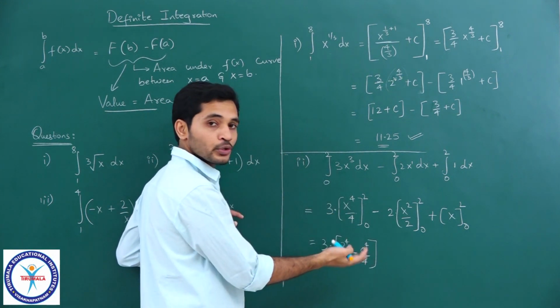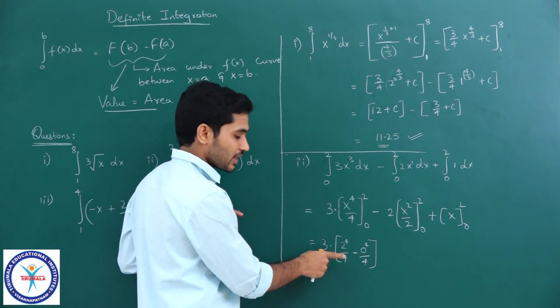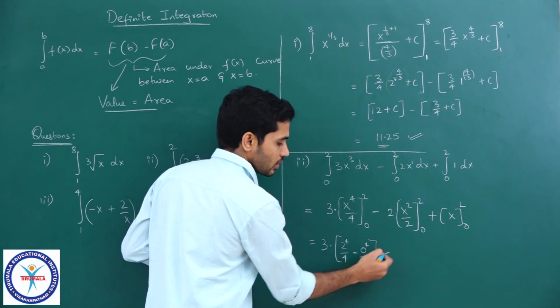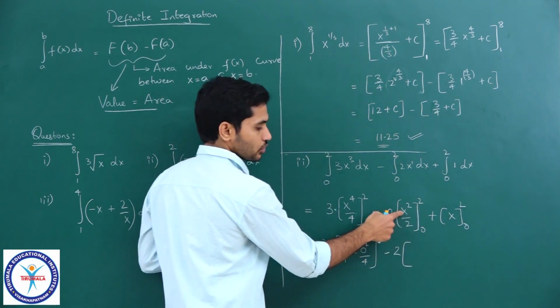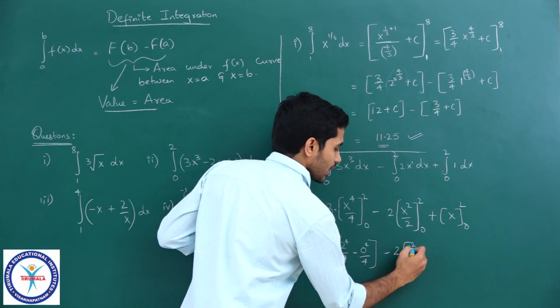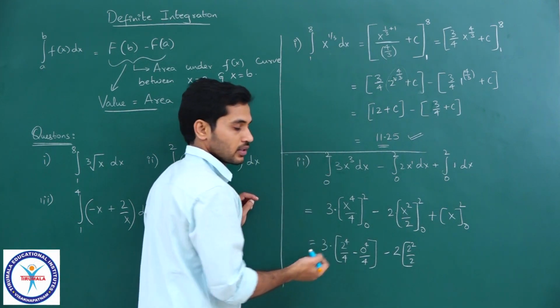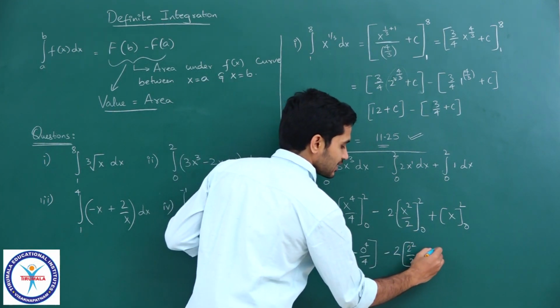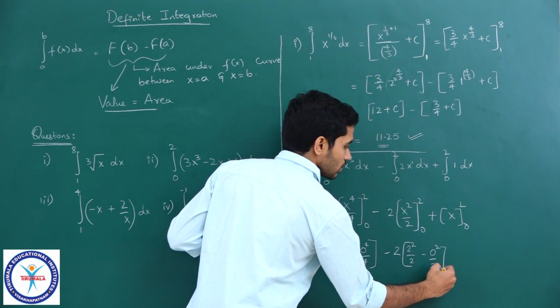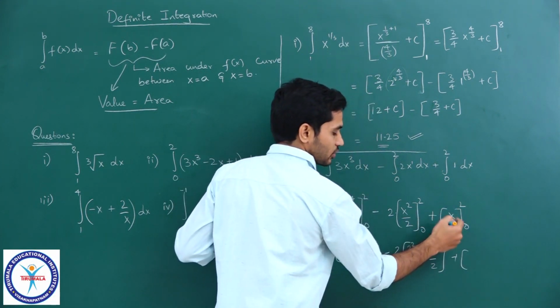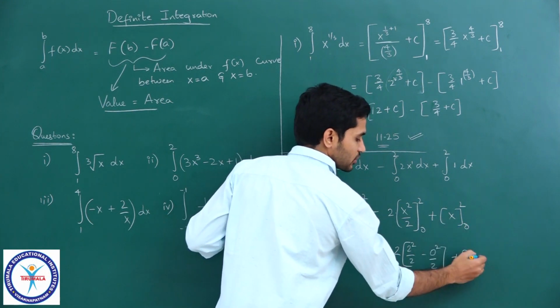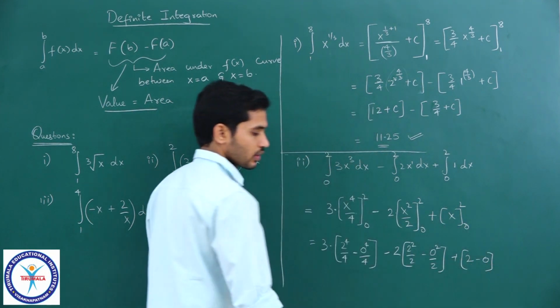I know it is 0, you know it is 0, but just to make you understand I am writing each and every step here, minus 2 into substitute 2, I will get 2 square by 2, right. Substitute lower limit, I will get 0 square by 2 plus, and finally in place of x when you substitute 2 you get 2, when you substitute 0 you get 0, that is it, simple, right.